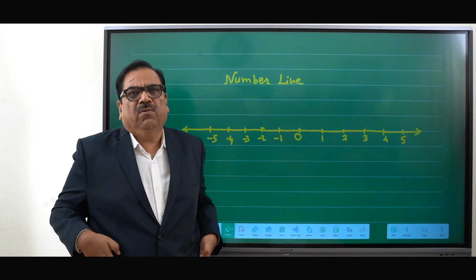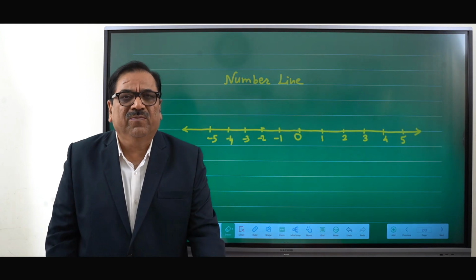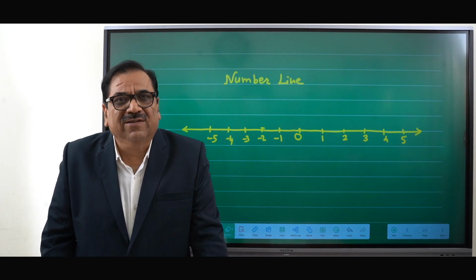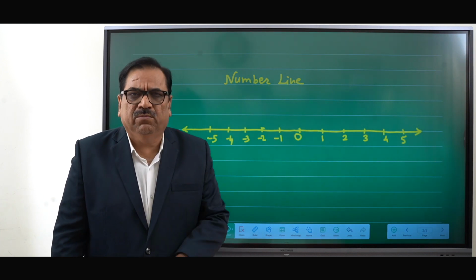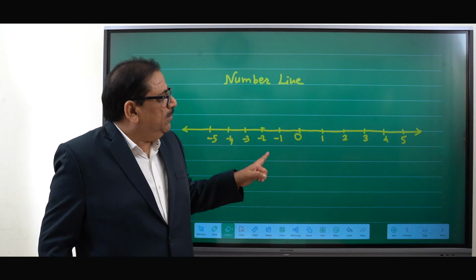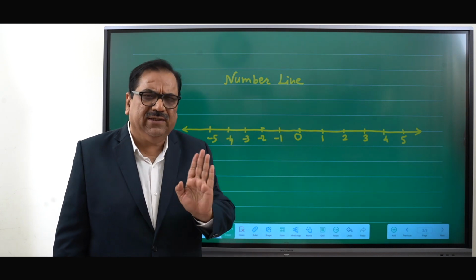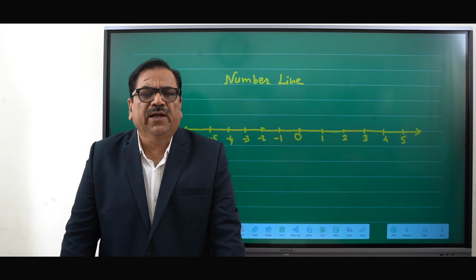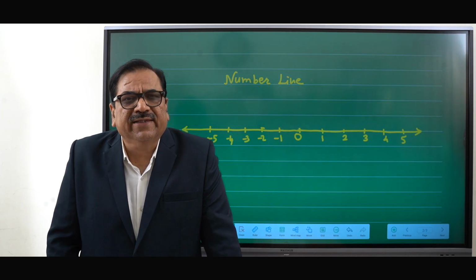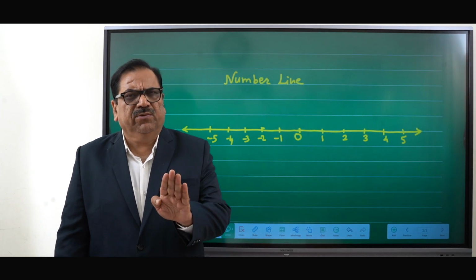If a point is on the y-axis, then its x coordinate is always 0. Therefore, the equation of x-axis is y is equal to 0, and the equation of y-axis is x is equal to 0.